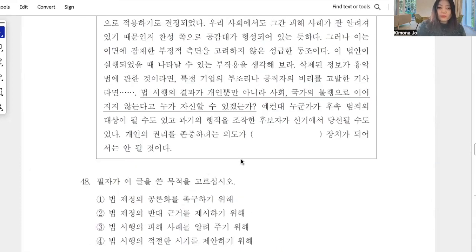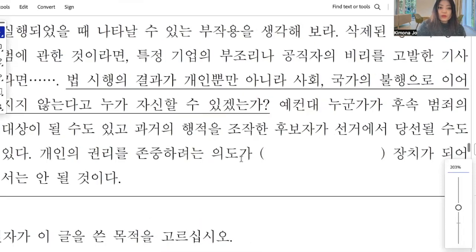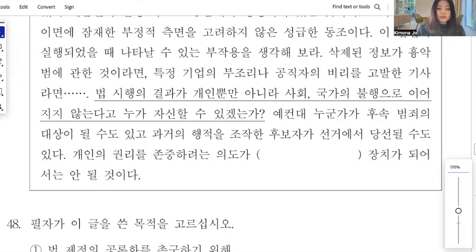법 시행의 결과가 개인뿐만 아니라 사회, 국가의 불행으로 이어지지 않는다고 누가 자신할 수 있겠는가? Who can be so confident that the result of the law enforcement is not connected to the 불행, unhappiness, unluck, not only to the individual but also to the 사회, society, and the country.